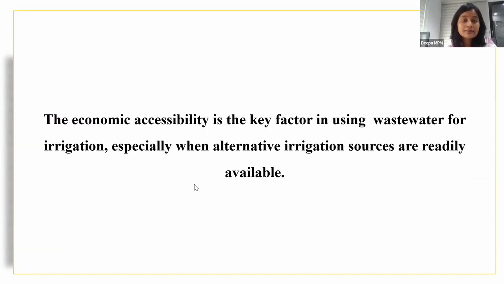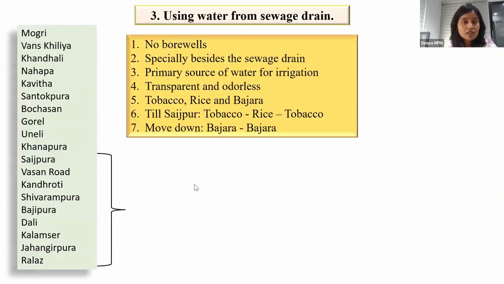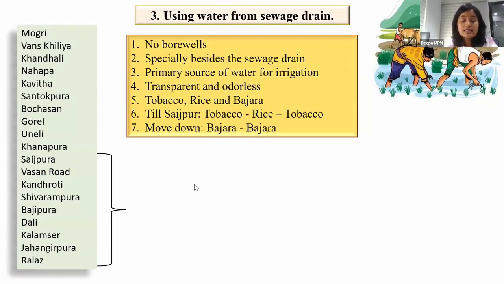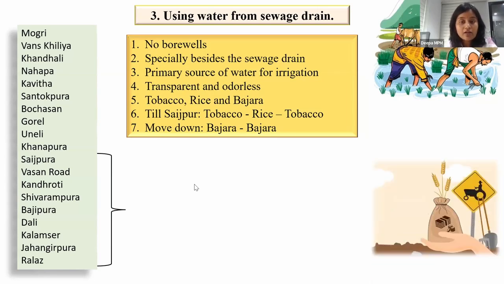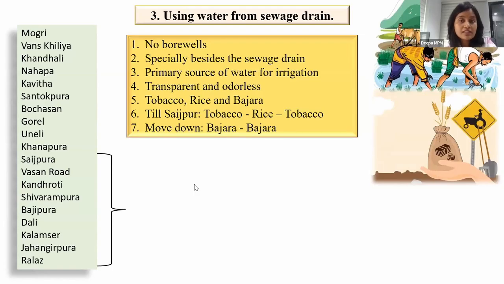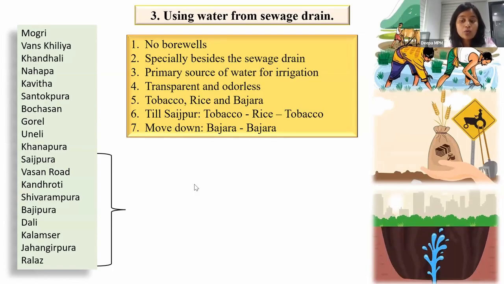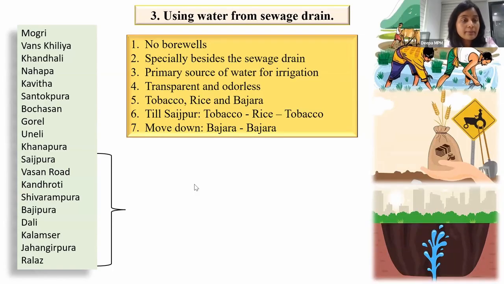sources are readily available. Coming to the third group, these are the downstream farmers who are using wastewater on a large scale. This drain water has helped the extended farming community to earn economic benefits in the area where groundwater is not a reliable option for them.